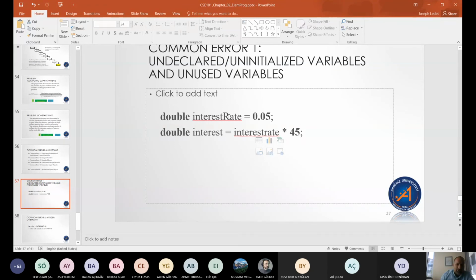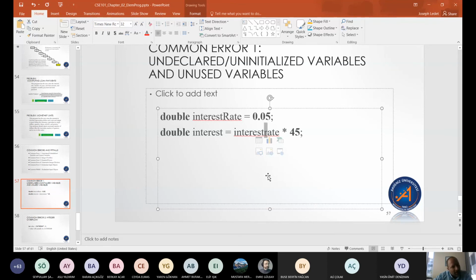What that means is interest rate with a capital R and interestrate with a lowercase r are not the same variable. Java will say, hey, you're trying to use this variable, but you never declared it. You never created a variable called interest rate with a lowercase r. So this is a compiler error because you're trying to use a variable that does not exist.